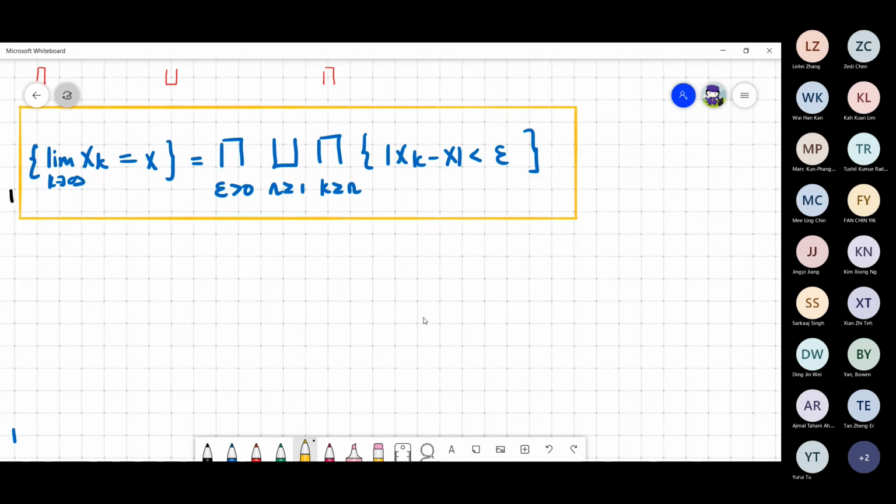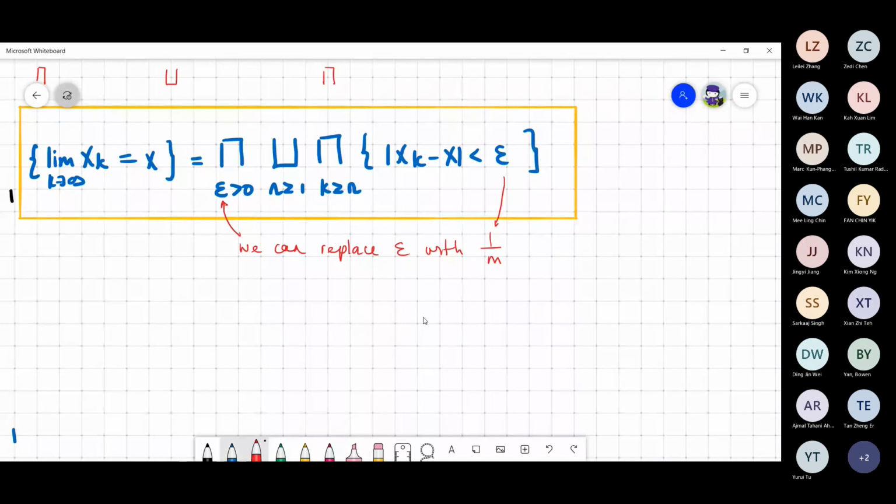Okay. So the first relationship between these two, and again, this epsilon we can actually replace with 1 over m.